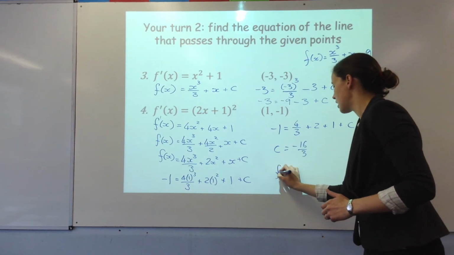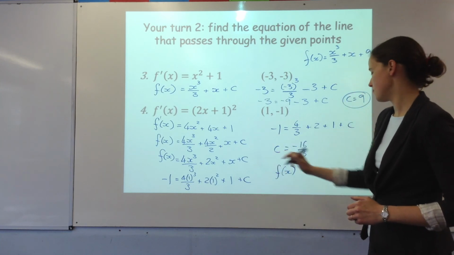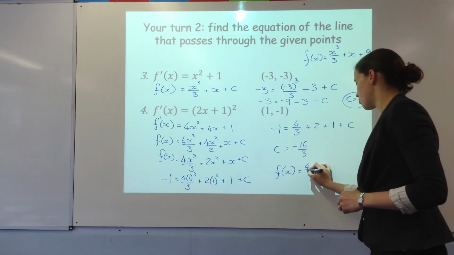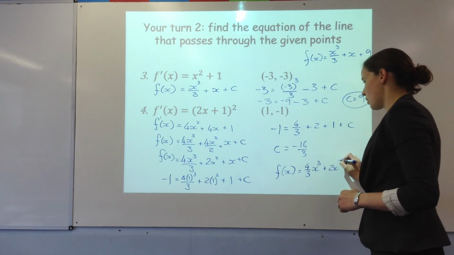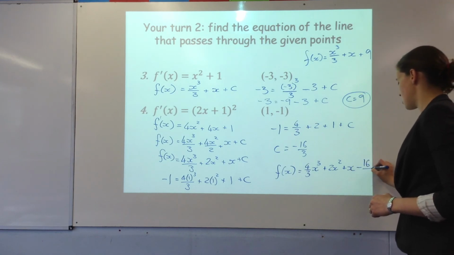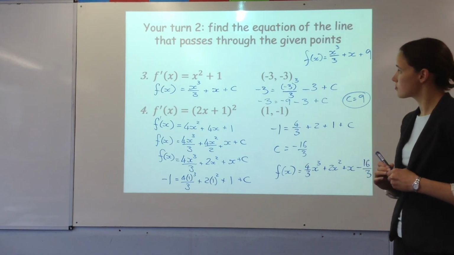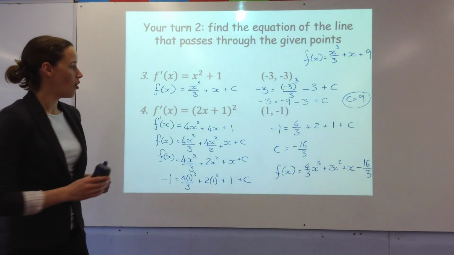So, f of x, putting it back into this form here, is 4 over 3 x cubed plus 2x squared plus x minus 16 over 3. Okay, and I think that takes us to the end of lesson 2.